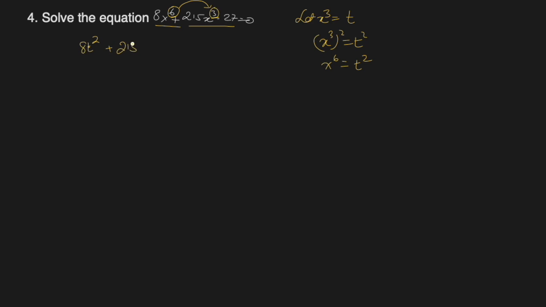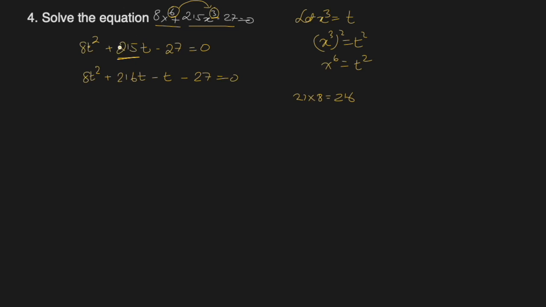Plus 215t minus 27. There is no x here, so it will remain 27. Now there are plenty of methods where we can solve this. I would prefer splitting the middle term, because 27 times 8 is 216, and 215 is close to this, so I can write 8t squared plus 216t minus t minus 27 equal to 0.